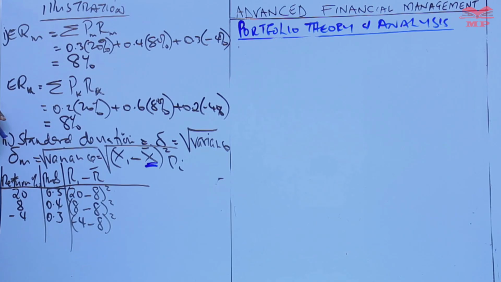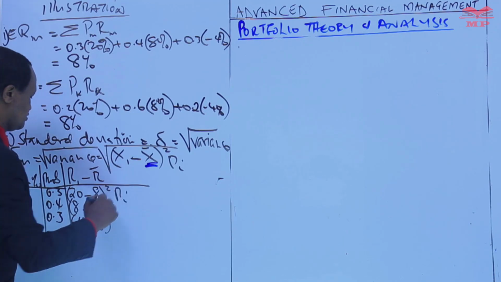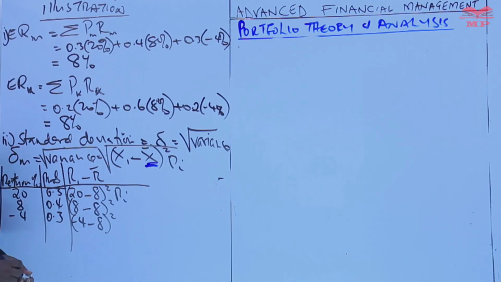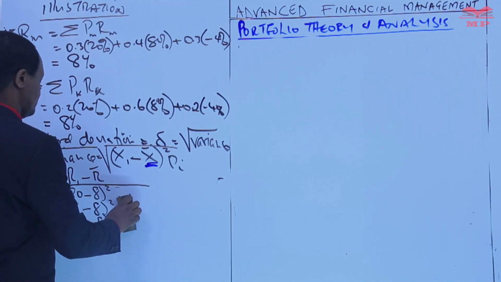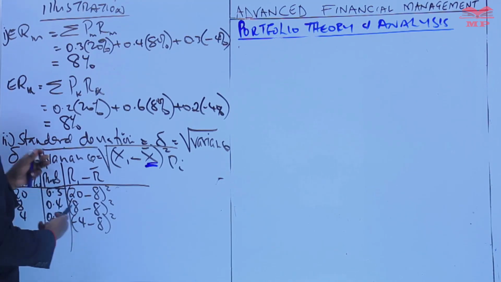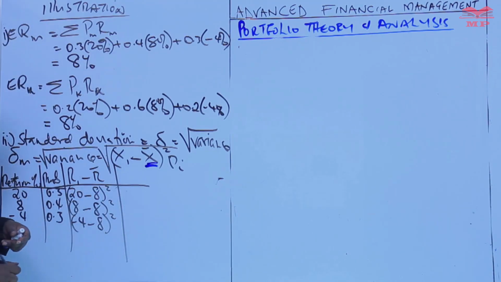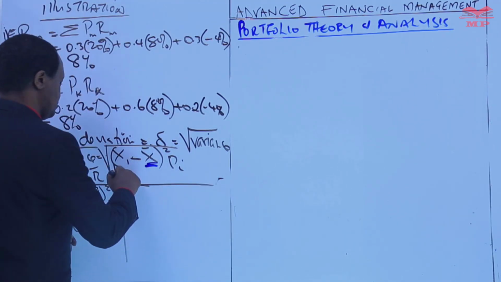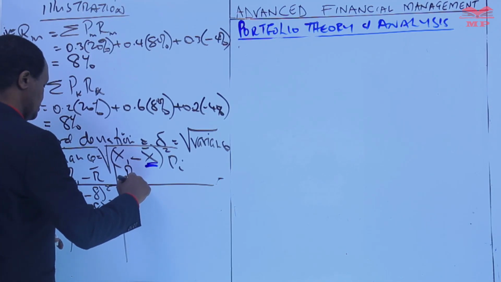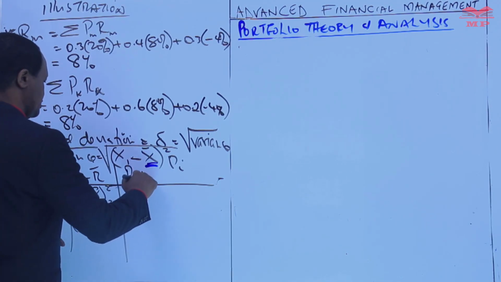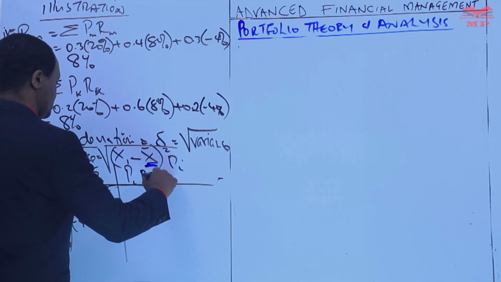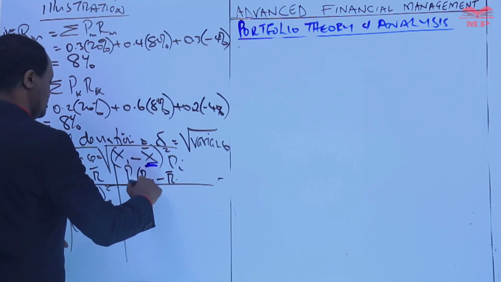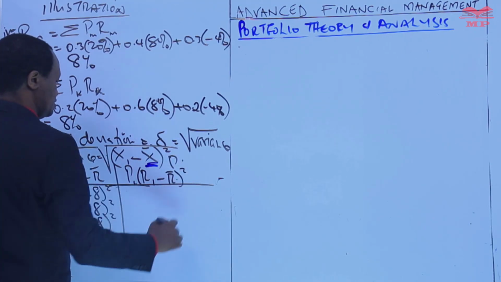After squaring the deviation, you multiply with the probability. Let me take you step by step. We are going to have the probability times (R1 minus R bar) squared.